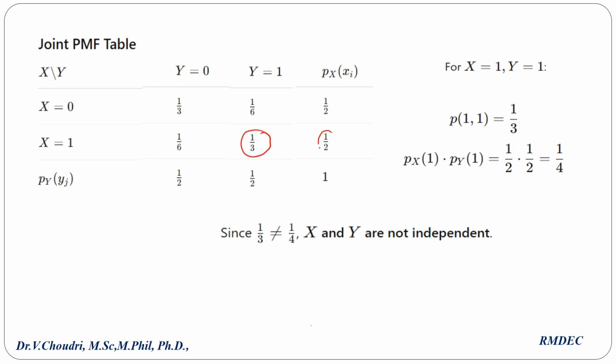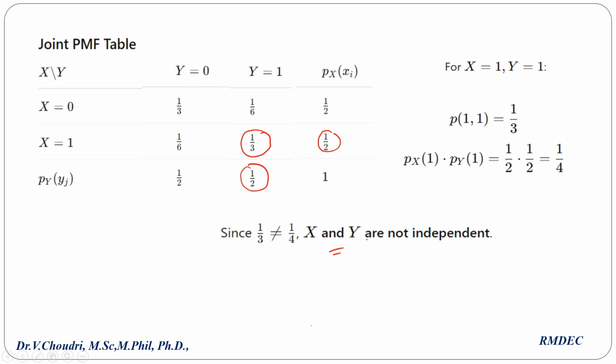Px of 1 equal to 1 by 2, Py of 1 equal to 1 by 2. The product of these two equal to 1 by 4. Now here 1 by 3 is not equal to 1 by 4. So x and y are not independent. If both values are equal, x and y are independent; otherwise they are dependent.